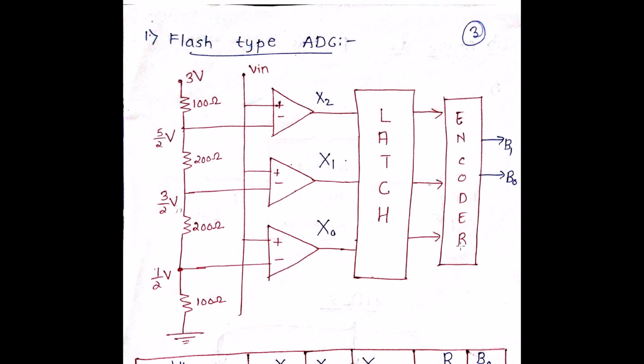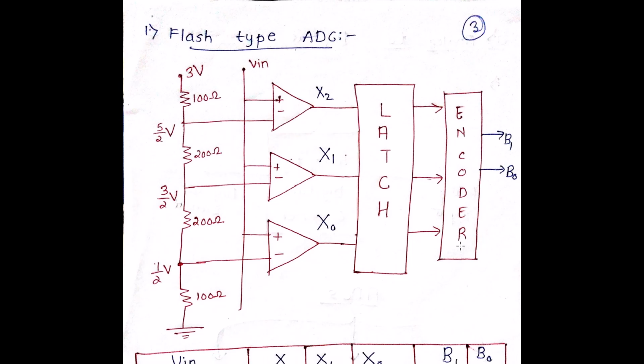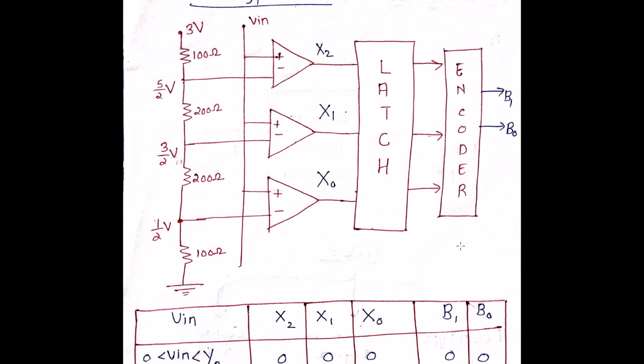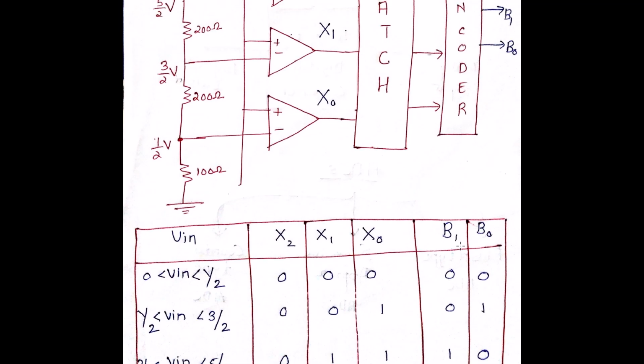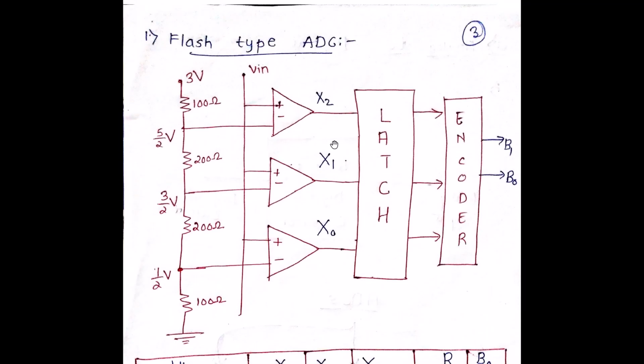So let's begin with a flash kind of ADC. We'll be talking about the input voltage. Now if you see over here, the input voltage is applied to the positive terminal of the op-amp, and the negative terminal of the op-amp is connected to a reference voltage. So the input is connected to the positive terminal of the op-amp and the negative terminal is connected to the resistor circuit.